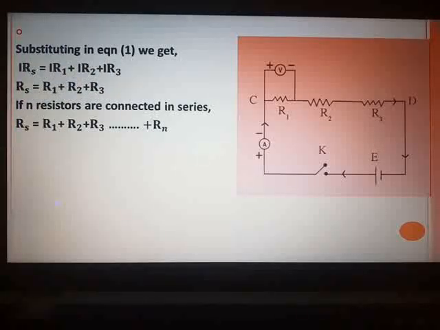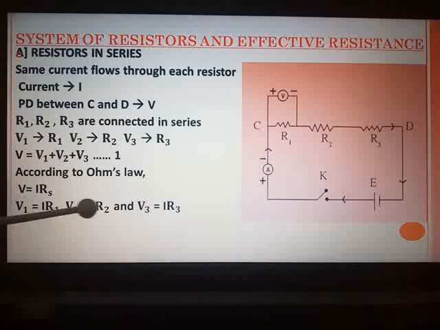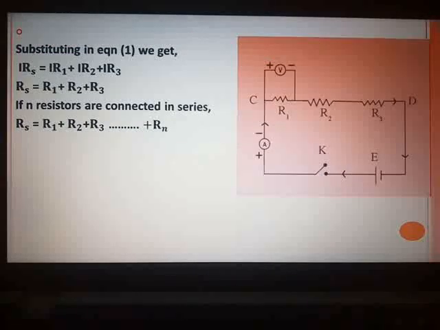What we have done is just substituted these values in the equation, and now if you take I common, inside the bracket on the left you will have RS, and on the right you will have R1 plus R2 plus R3. I on both the sides will get cancelled off.